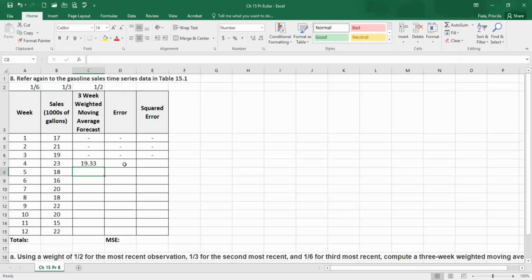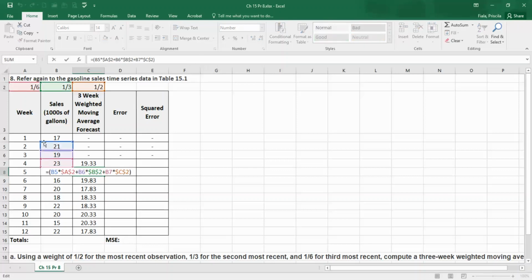Enter. There we go. So now all we need to do is just drag this down. Let me go to the second one and see what it tells you in this formula. Now it's telling you to use a 3-week moving average again.